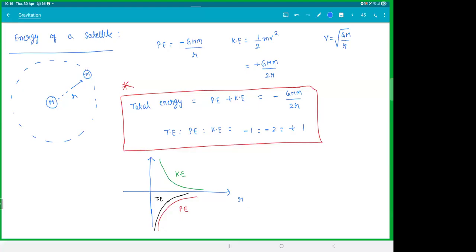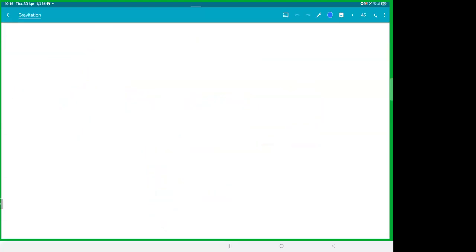Yeah. Next thing, escape velocity: the minimum speed required to escape from the surface of the planet.